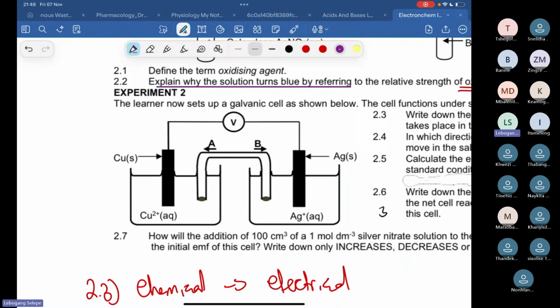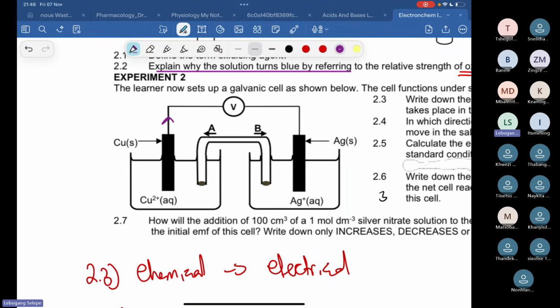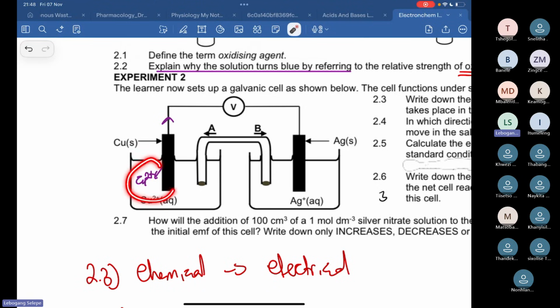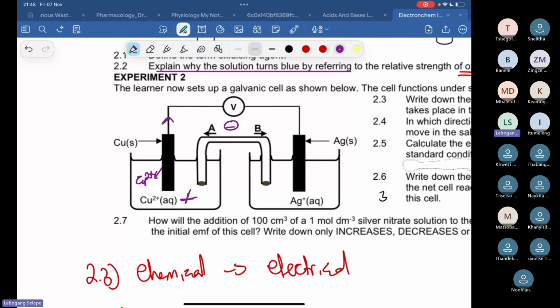The electrons flow in the wire, but as it loses electrons, the Cu2 plus ions fall into that mixture, right? So when Cu2 plus falls into this mixture, what happens? It becomes more positive. Then if it's more positive, it's going to attract the negatives that are in here. So A has to be negative.